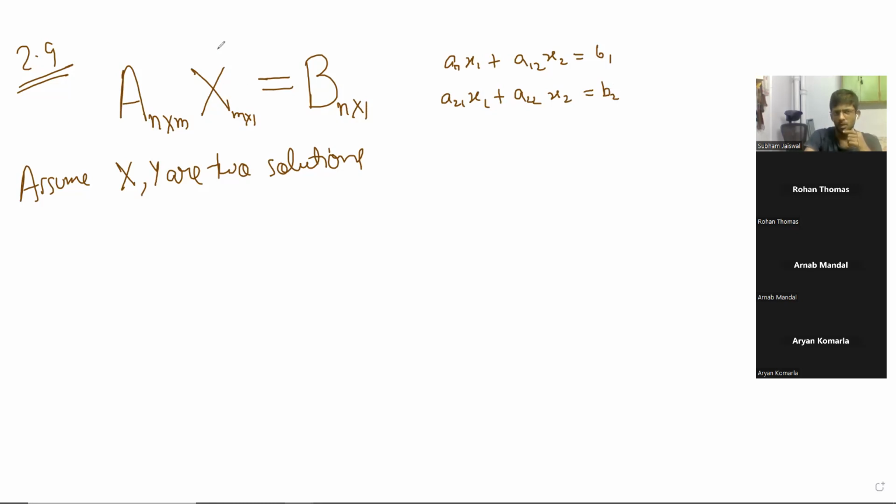I just want you to think about why, if the system has two solutions, there are infinitely many.